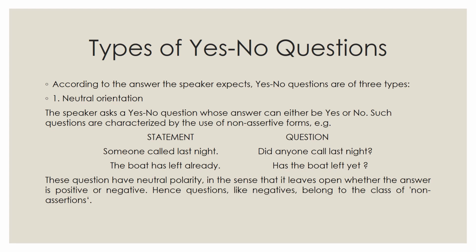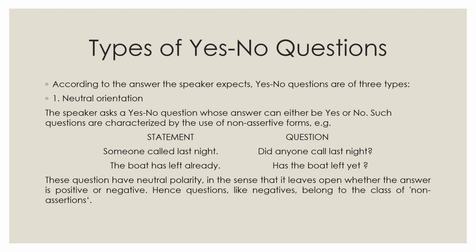And how can we differentiate between these types? Each one of these types has its own structure. We are going to start with the first type, which is called neutral orientation.